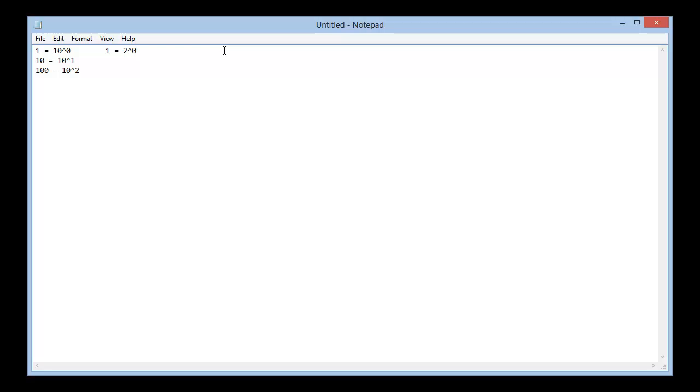In the ones place, you can only go up to the number of whatever base it is. If it's base 10, your ones place consists of 0 through 9.